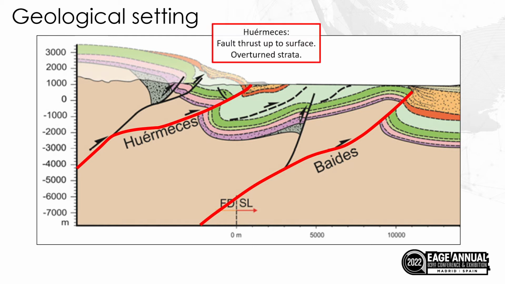So the Wermeses thrust actually reaches the surface and deforms the strata, showing at the surface a pack of vertical strata. The Baides thrust, on the other hand, does not reach the surface, but it gently deforms the surface in the form of anticlines.